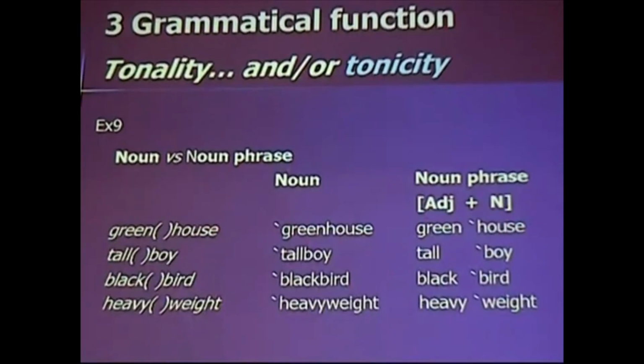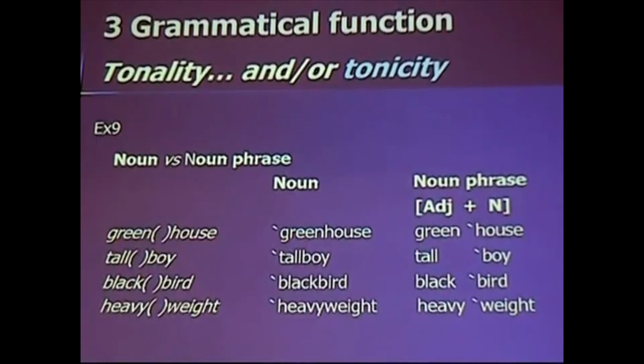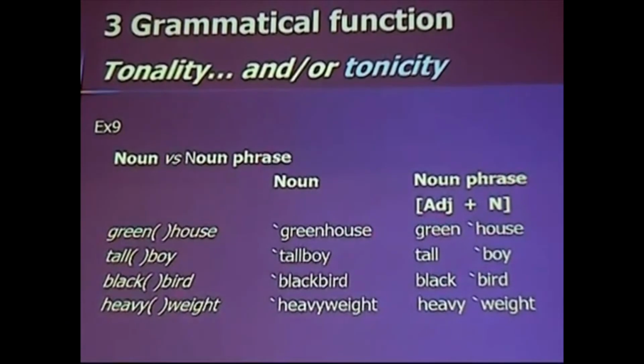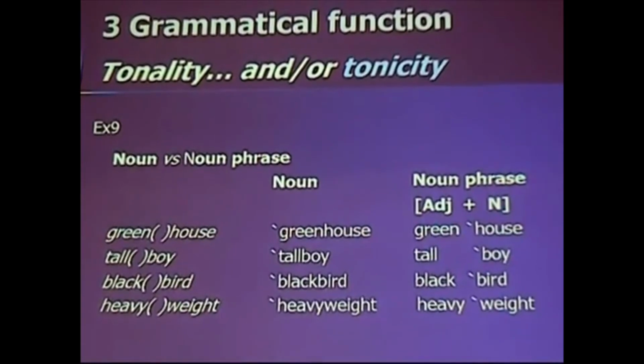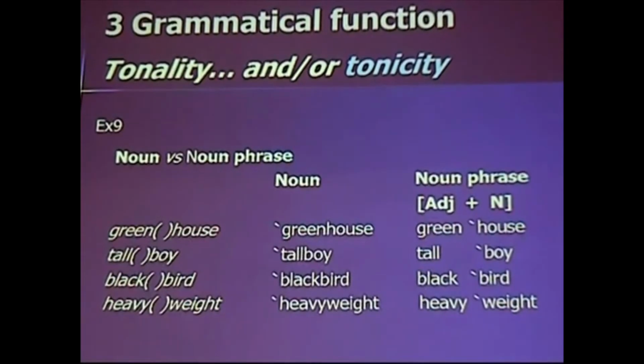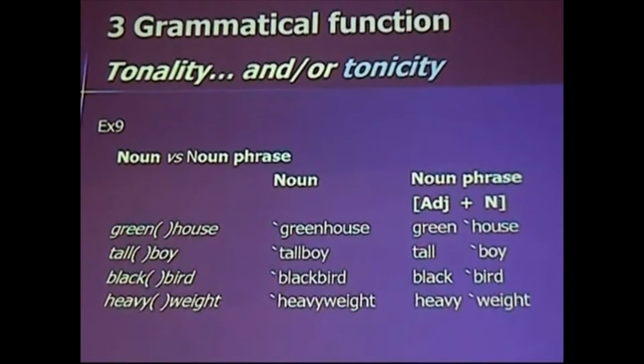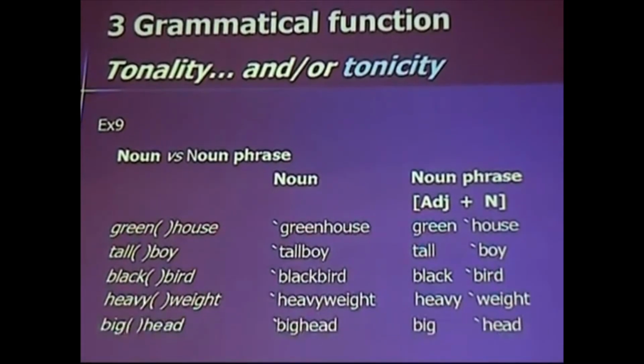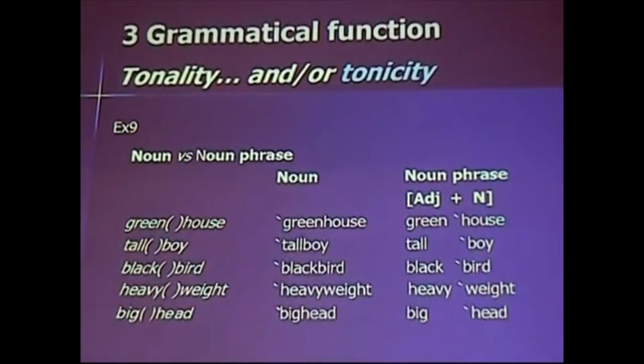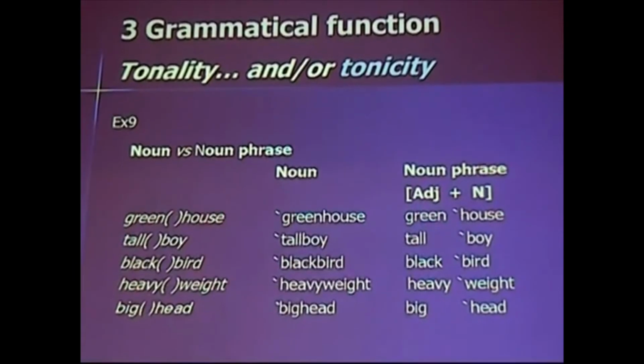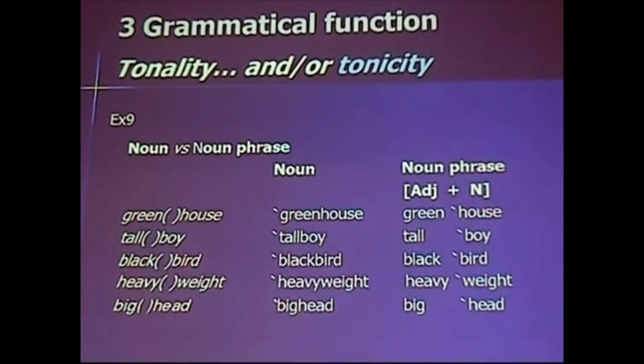And then a heavyweight champion, and a heavy weight, something that's very heavy to pick up. And finally, one that I always like, a big head. Big head, somebody who's really arrogant and sort of up themselves and knows it all.